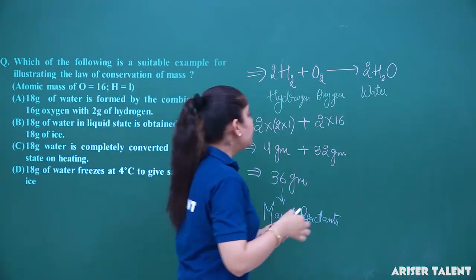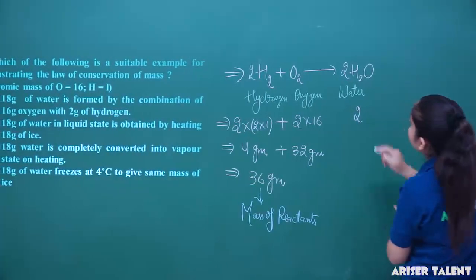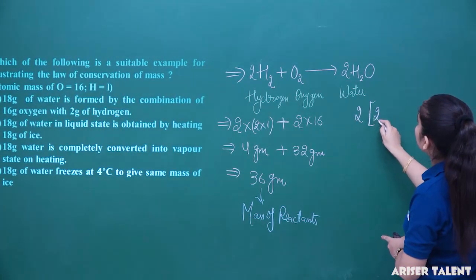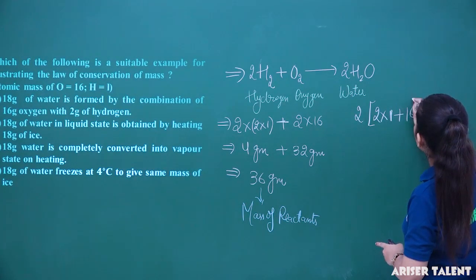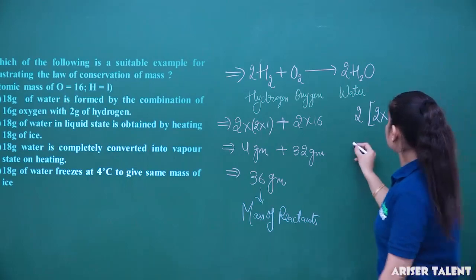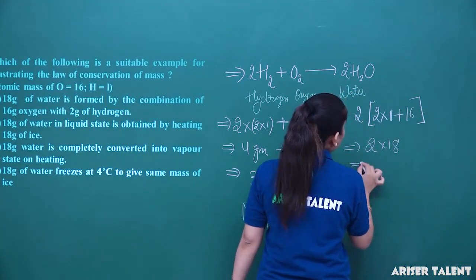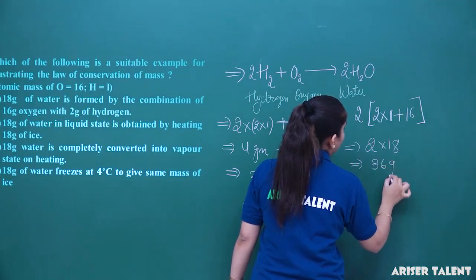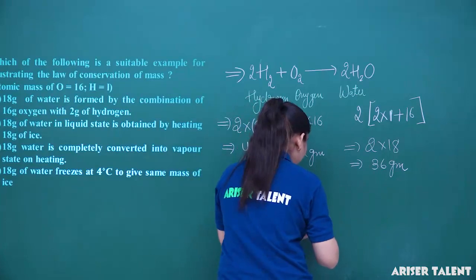Now, let us move to the mass of the products. Again, we have 2 molecules here, 2 hydrogen and oxygen with a mass of 16. So what am I getting here? 2 into 18, and 2 into 18 will give you 36 gram. So, this will be the mass of our products.